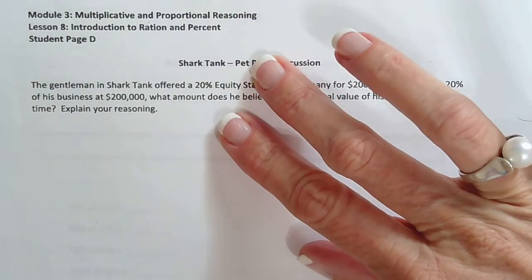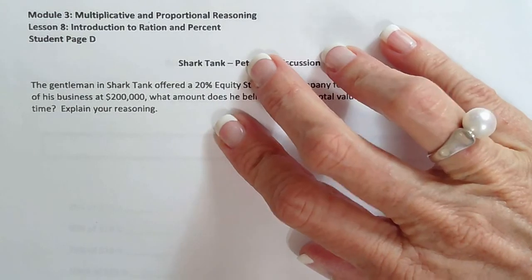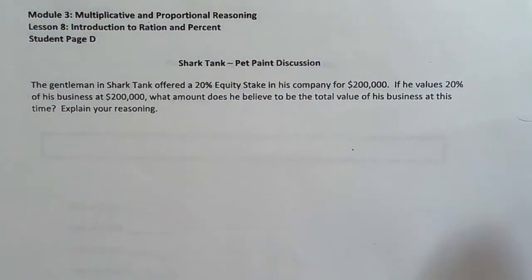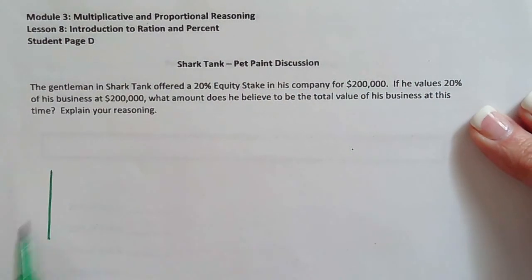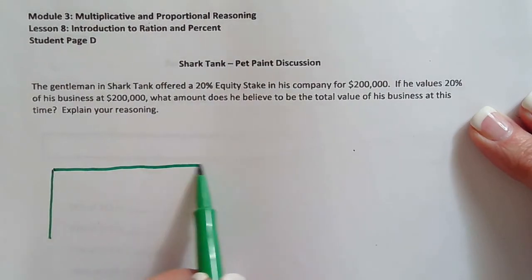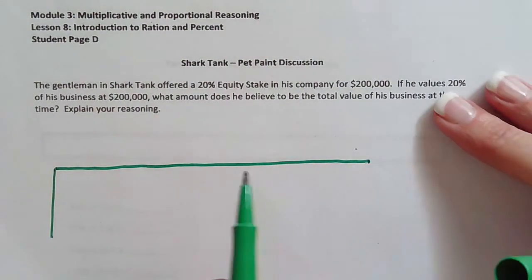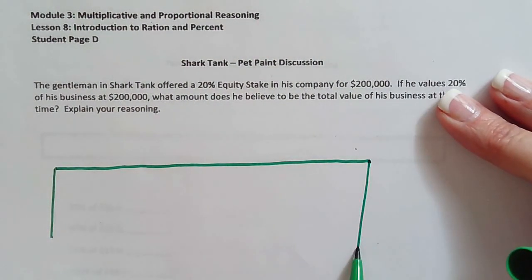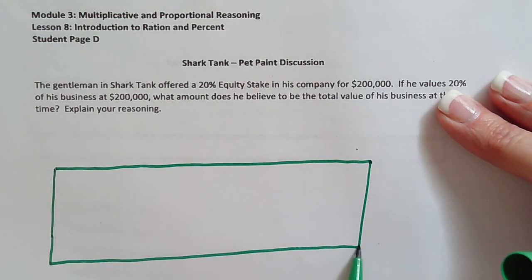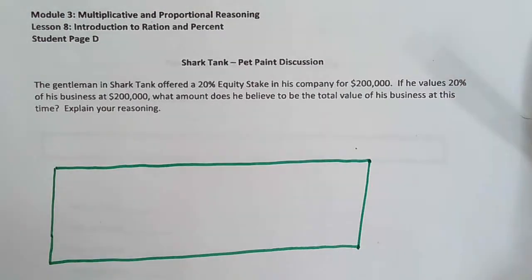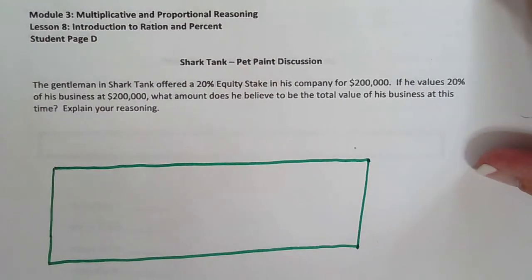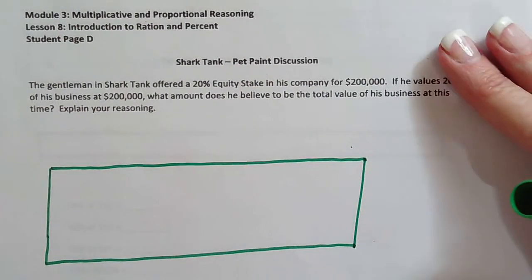20, 40, 60, 80, 100. So there are 5 20%s in 100. Watch this: the answer just falls in your lap when you draw a picture. On the next three pages, we're going to draw pictures and you're going to say, oh my gosh, percents were never so easy. I shouldn't talk and draw at the same time, huh?